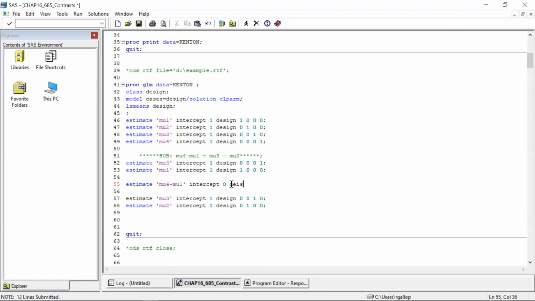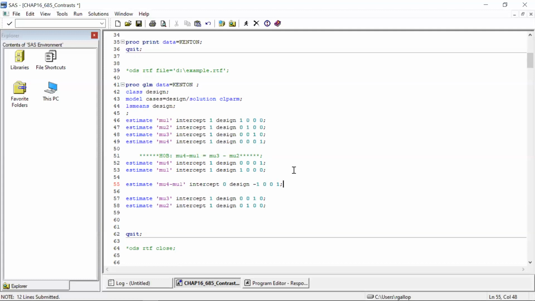Then I go to design. Same thing. I subtract coordinate-wise. 0 minus 1, negative 1. 0 minus 0, that's coordinate-wise, the second column, 0. 0 minus 0, the third column, coordinate-wise. And then 1 minus 0, the last column.